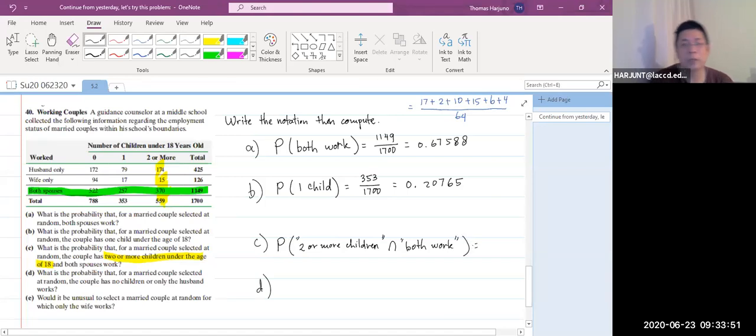Now, what will that be? It's an and, which means it has to satisfy both. It refers to this number here. The situation when the couple has two or more children and at the same time both of them work.